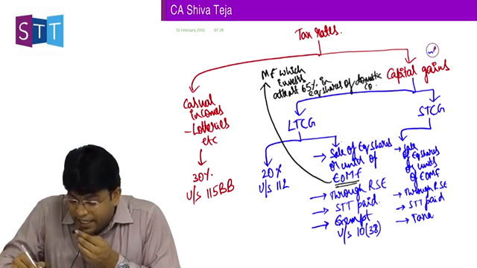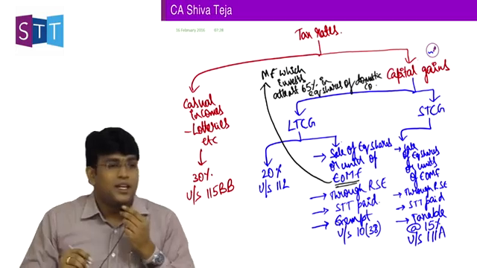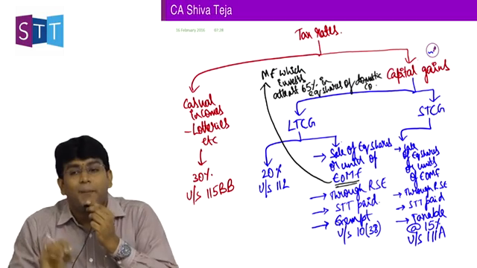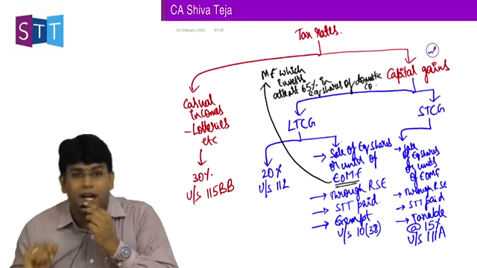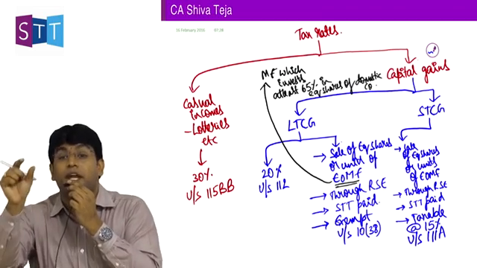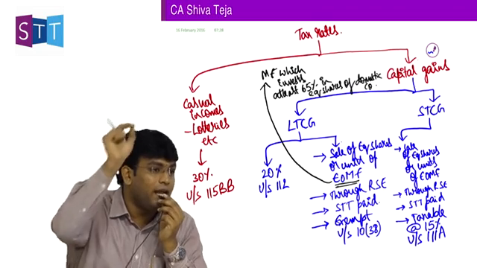That is taxable at the rate of 15% under section 111A. Same situation, I repeat again, but if it is long term, it is exempt under section 10(38). If it is short term, it is taxable at the rate of 15% under section 111A.